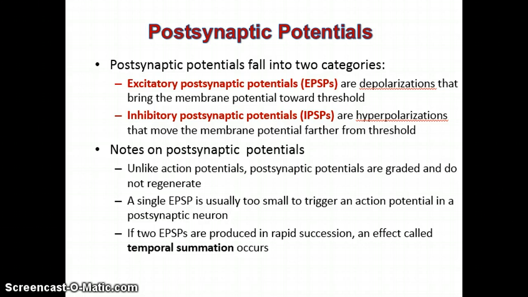That effect, that rapid succession of excitatory postsynaptic potentials, is called temporal summation. So a summation, adding things up. So it's over time, temporal, the adding up of the effects of the terminals of this new neuron being stimulated by the neurotransmitter.